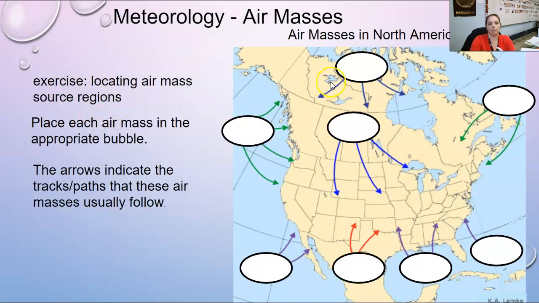and we're going to locate air mass source regions. Place each air mass in the appropriate bubble. Place the arrows that indicate tracks, paths that these air masses usually follow. So looking at this, it is over water, so you know it's going to be a lowercase m. And it is in the upper regions, not all the way up top. So this has to be polar. mP.